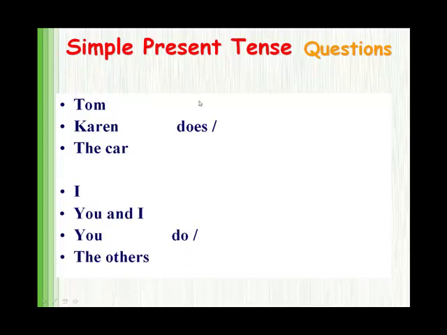And whenever you find any of these, for example, you and I, it's another person and me, okay? So that would be the same as we. And the others refers to other people, more than one person. So that would be they, okay?